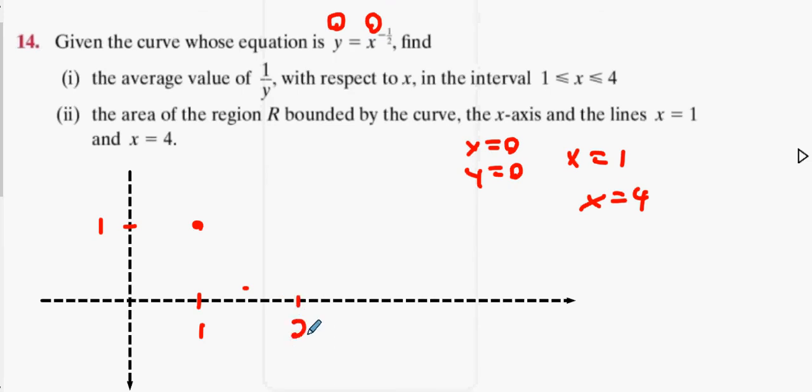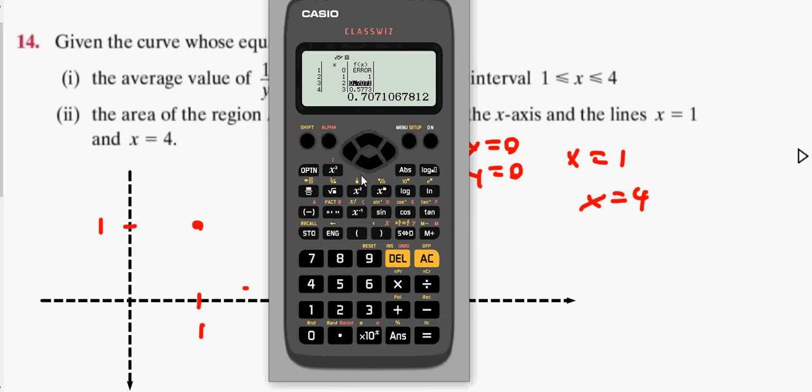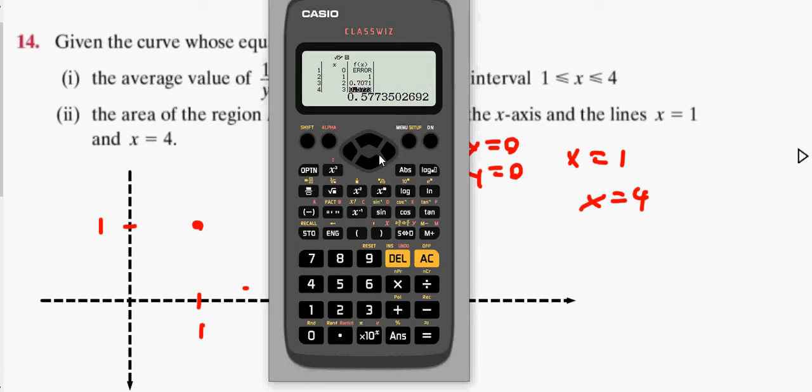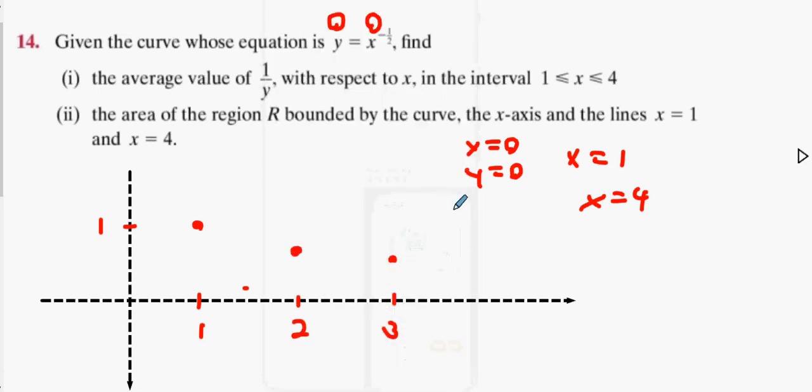And then 3 and 0.577. So 3 and roughly 0.6. And then finally 4 and 0.5.